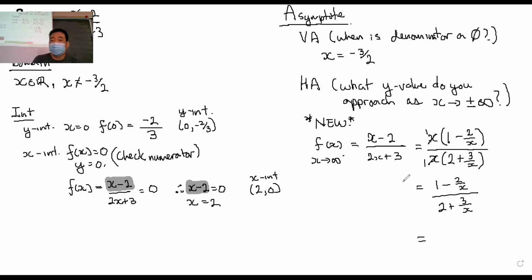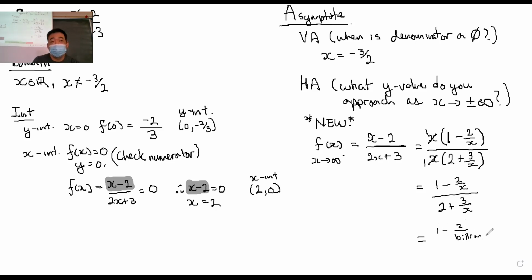Now, x is not yet infinity. It's approaching infinity. So what's the biggest number you can think of? Give me a number. It doesn't matter. A billion. So 1 minus 2 over a billion. What is that essentially equal to? 2 over a billion.